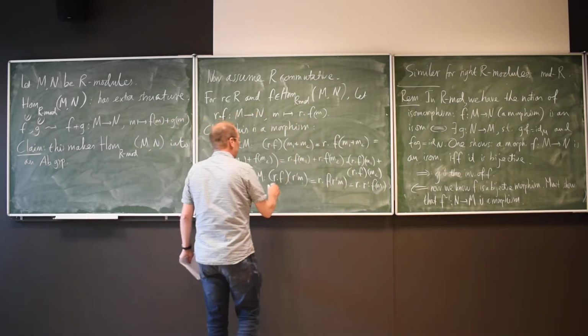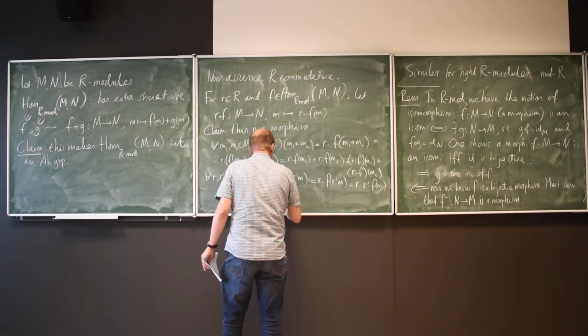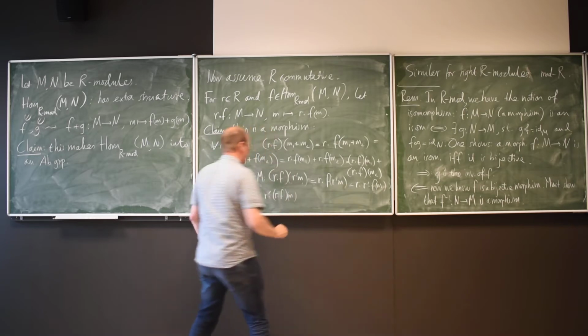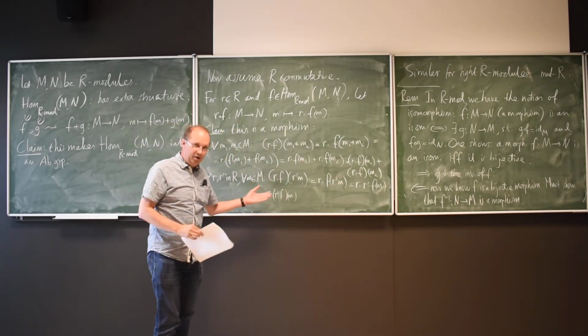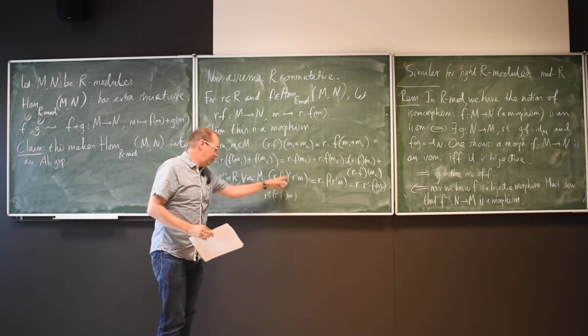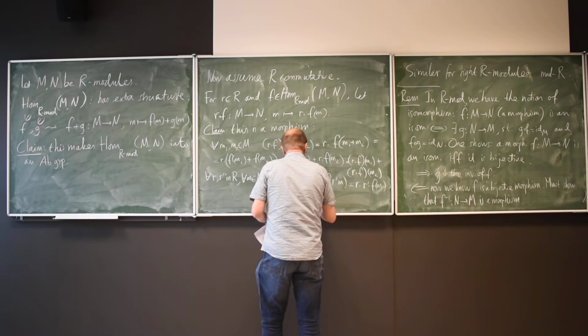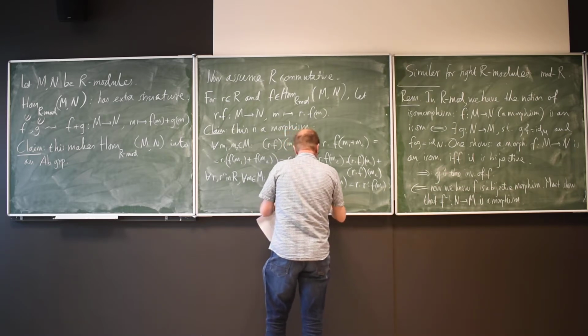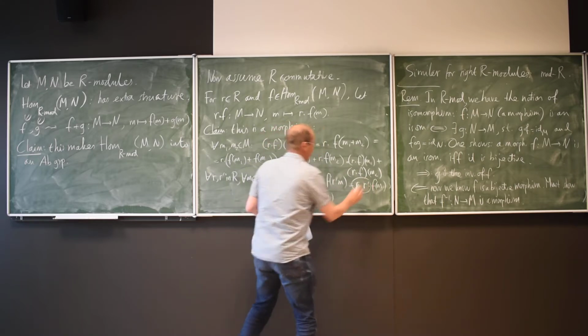And I should compare this with R prime times R times F of M, right? Because for R times F to be linear, to be an R module morphism, the R prime should come out like this. But this is R prime times R times F of M. And you see that these two things are in the other order.